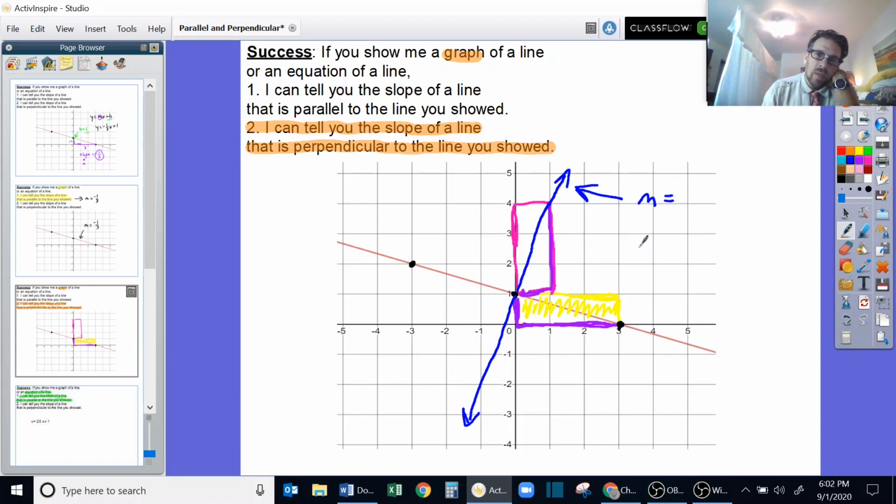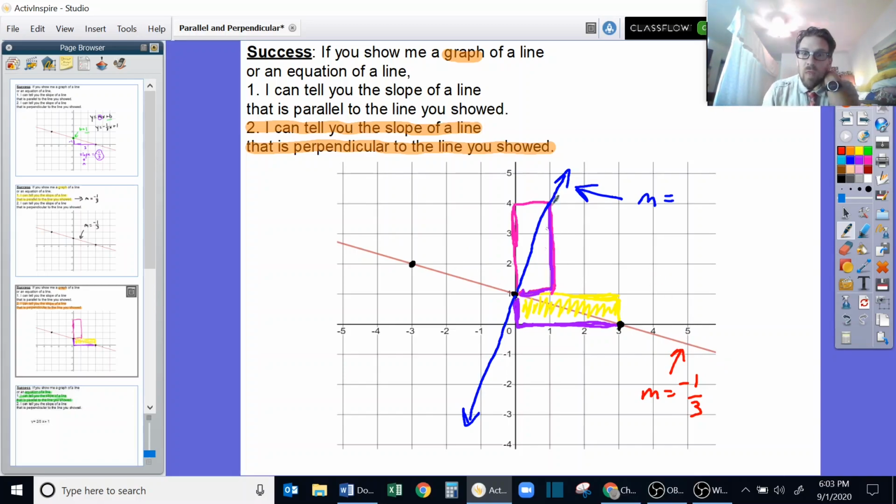Take a moment and notice the slope of that perpendicular line. Let's note that this original had a slope of -1/3. That original was going down.